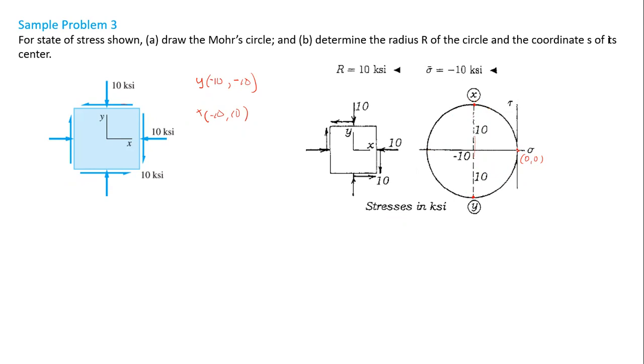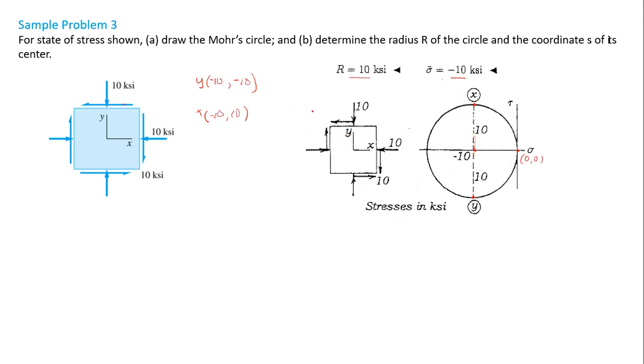Therefore, by looking at this graph, ato ang center is at negative 10. Okay? At negative 10 ang ato ang center. Ito man ang sigma bar which is sigma x plus sigma y over 2. Then atong r is equal to 10. As you have seen, dali ra kita nato dito atong r equal siya sa 10. Okay?